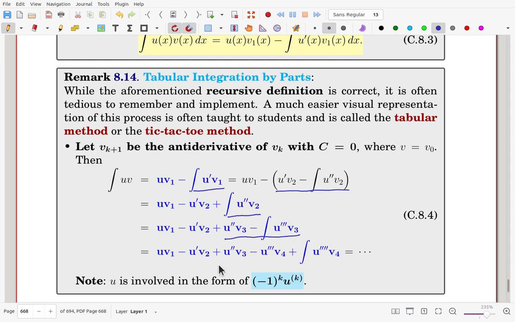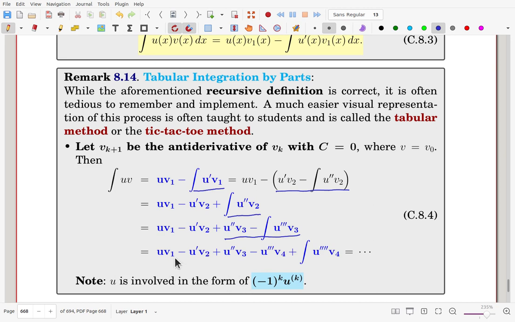We continue in this way until it is repeating, or in a polynomial case, if you take many derivatives, it will become 0 later on. So it is useful for those functions.